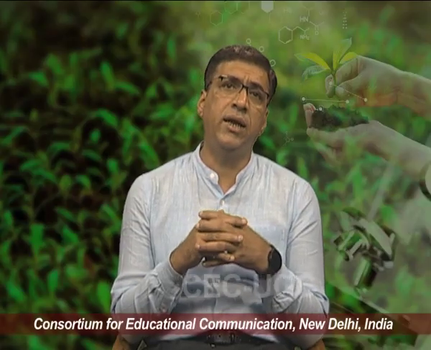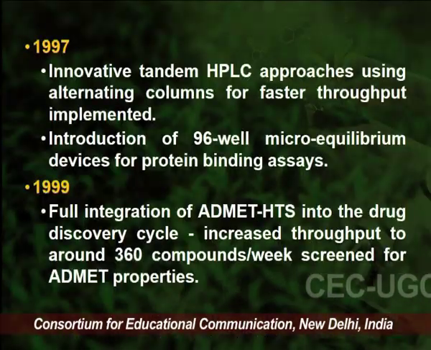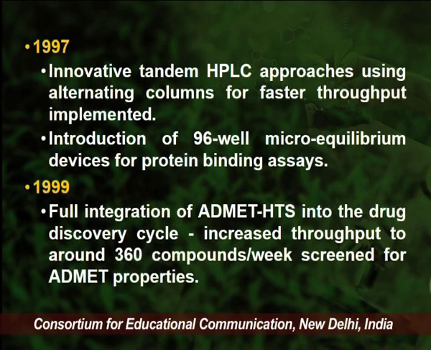Then in 1997, further advancements took place in terms of equipment, because LC, liquid chromatography, became an integral part of the HTS process, and since medicinal chemistry was synthesizing so many compounds of different chemistries, HPLC columns were evolving during this phase.